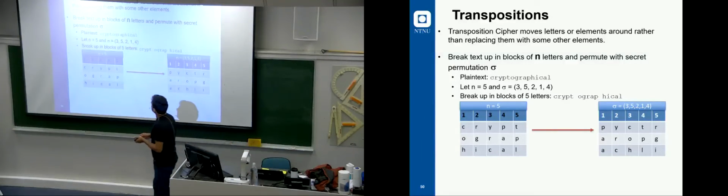For example, here we had columns 1, 2, 3, 4, 5. Is this visible to everyone? I have all the letters in it. Now I want to convert that into the pattern that we have, 3, 5, 2, 1, 4.